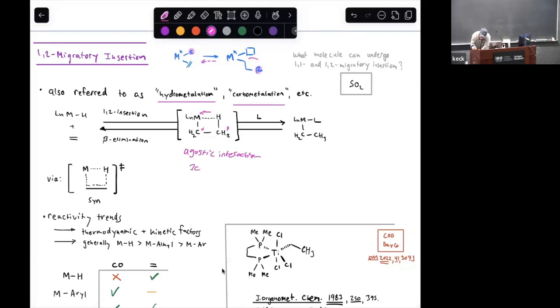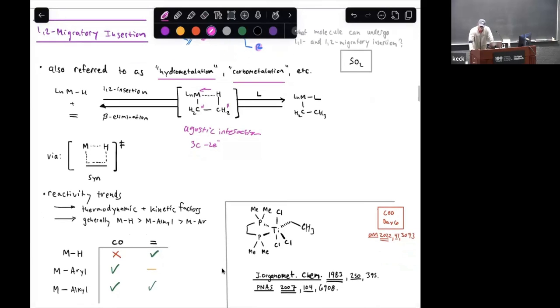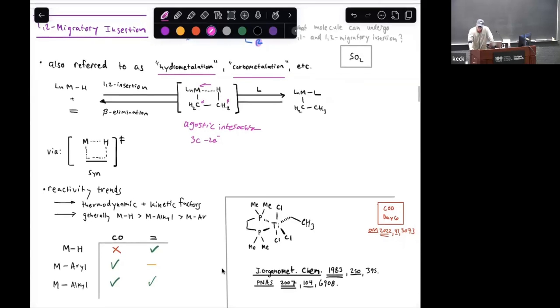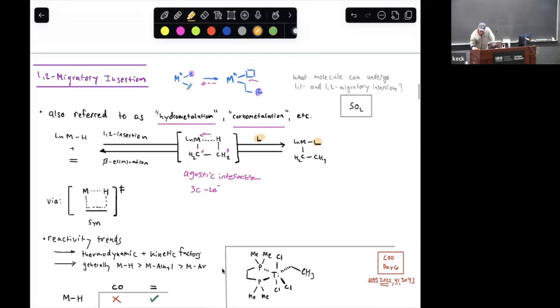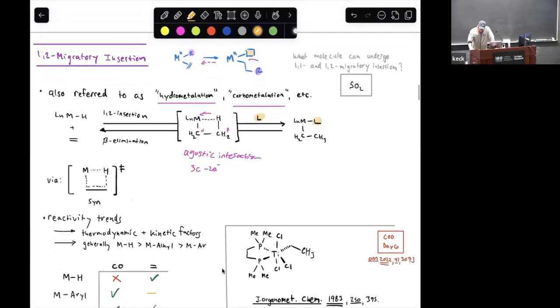This is a three-center two-electron type of bonding interaction, not dissimilar to things we've seen before, like sigma complexes. This is effectively a tethered sigma complex, an agostic interaction. Pushing this forward, we then have a trapping ligand L that will come and coordinate and occupy the vacant coordination site that was made available here.